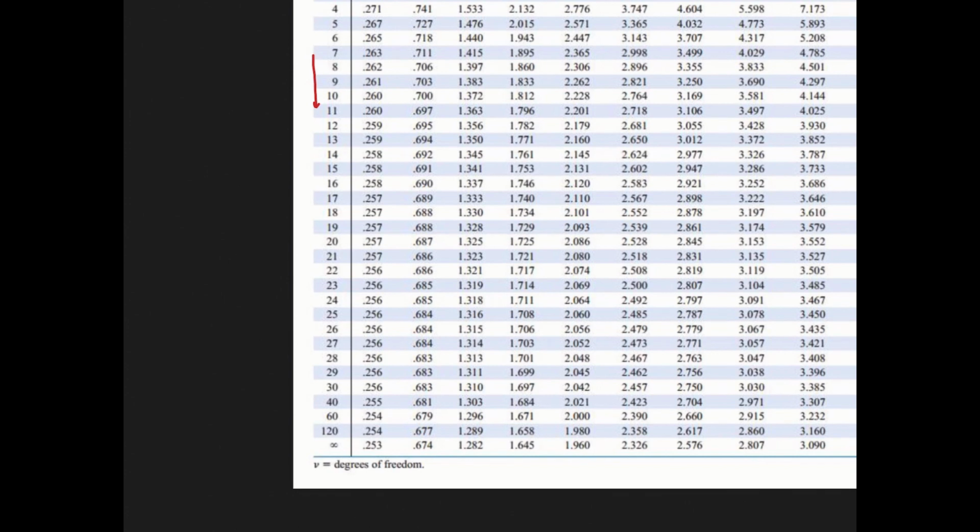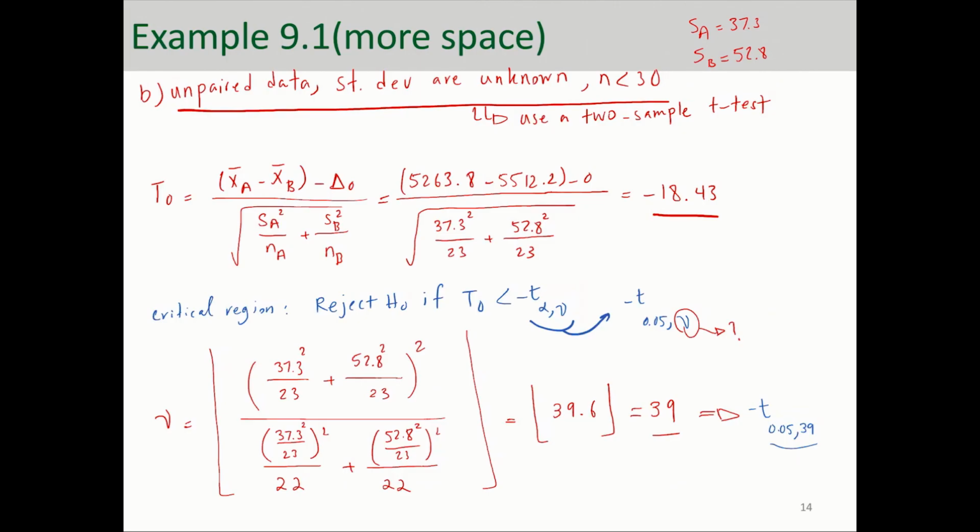So I'm just going to pick 40 here, because 39 and 40 are virtually the same. It is 1.684. So here this value is negative 1.684.